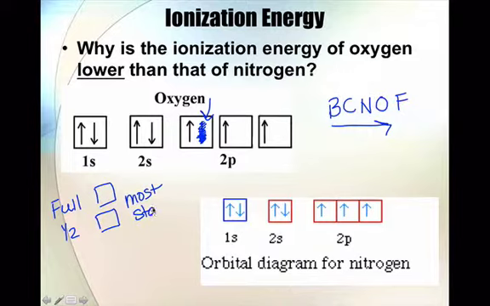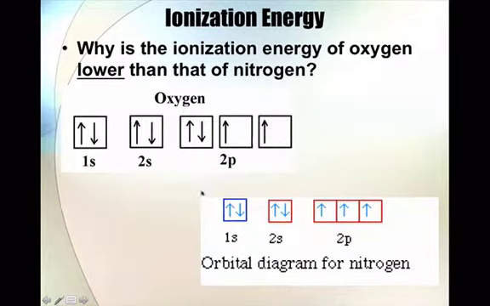This is the most stable. If you look at nitrogen, nitrogen is already like this. It already has a full 1s, a full 2s, and its 2p is half filled. So it takes a little more energy to remove one from nitrogen because it's technically more stable than the oxygen with its extra electron right there.